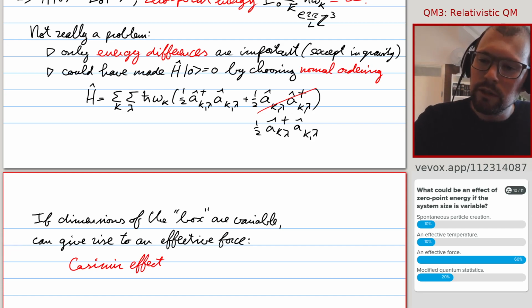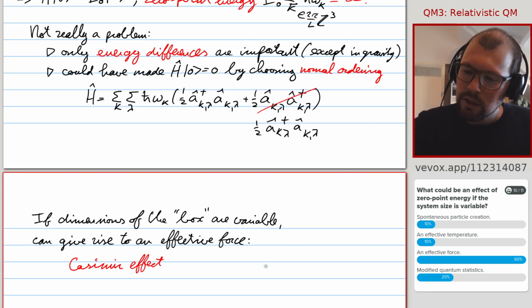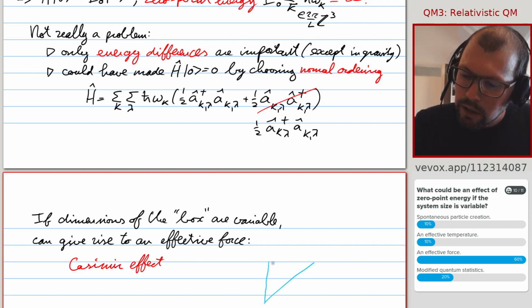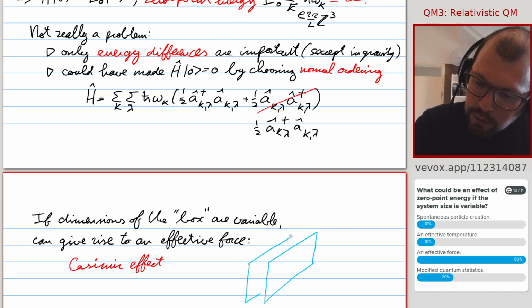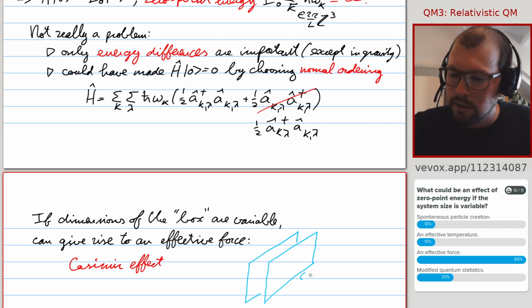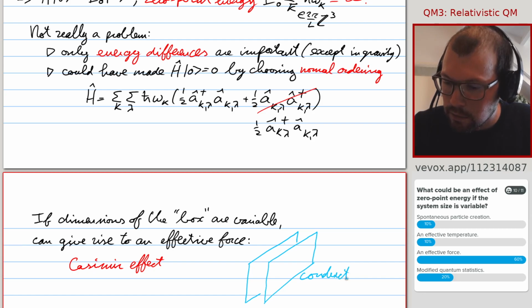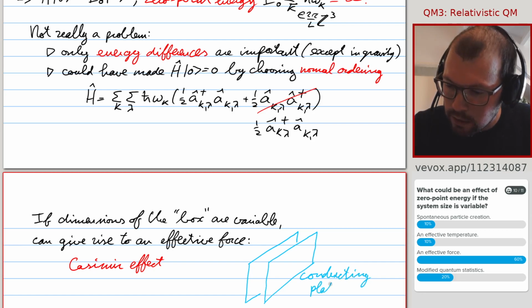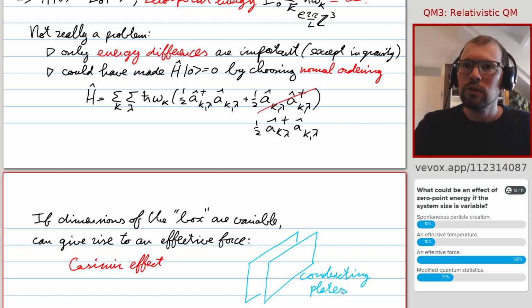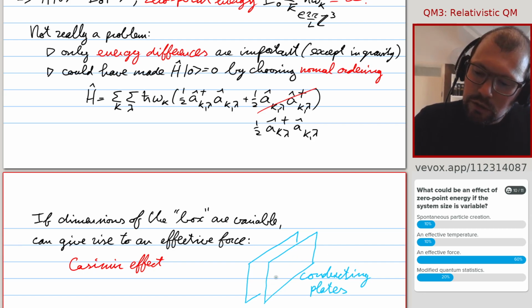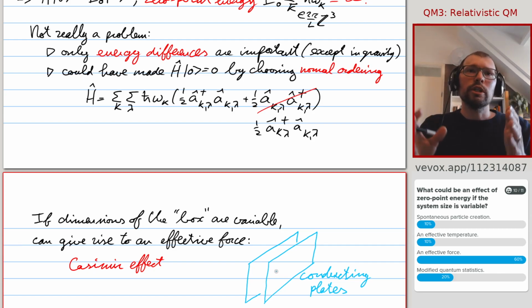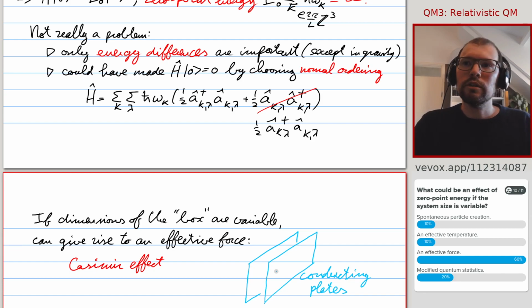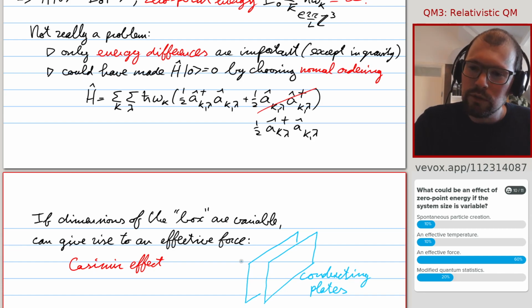So when might you be able to observe such an effect? Well, you can imagine a situation where you have two conducting plates, metal plates. These exclude, or they put the vector potential equal to 0 at the position of the plates. So effectively what they do is they put in a boundary condition for the electromagnetic field in between the plates.